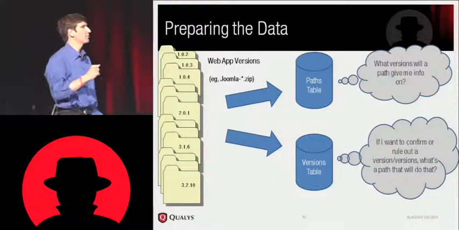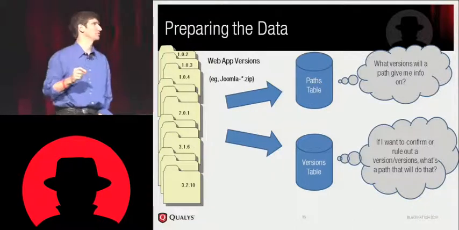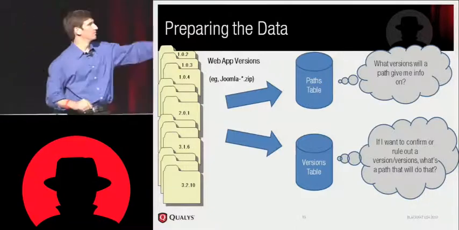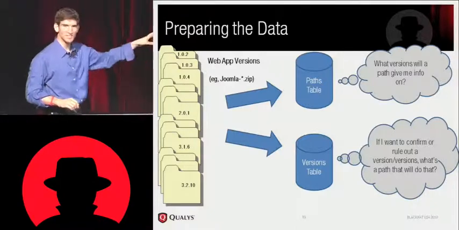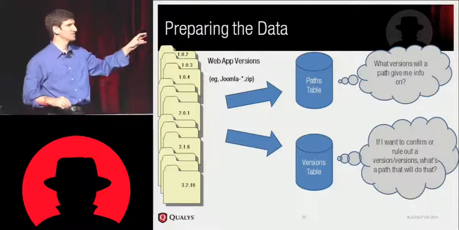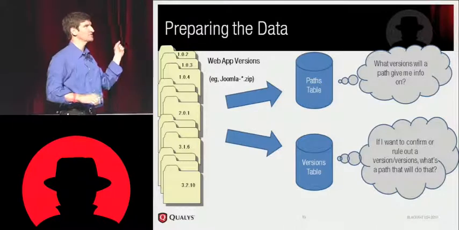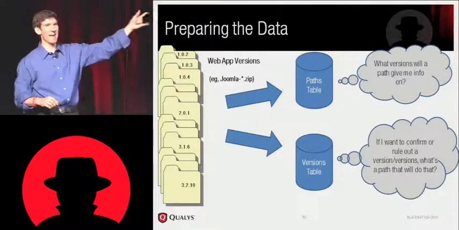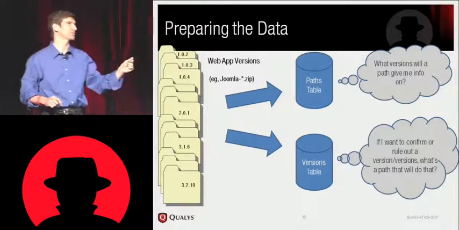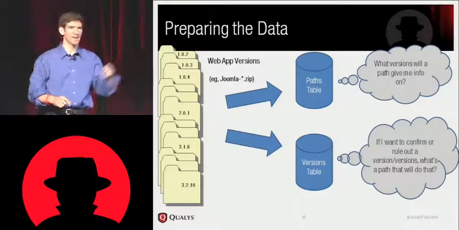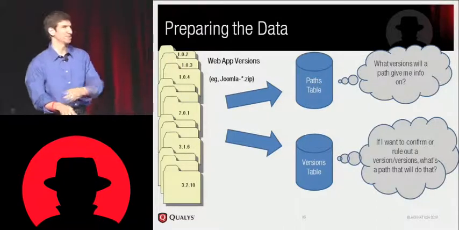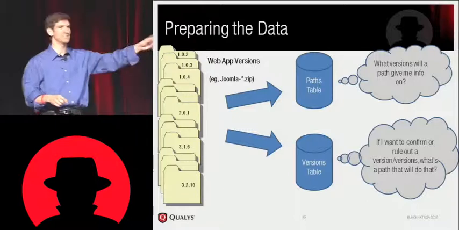And then what we're going to do is build two tables. The data files on the left, lots of data going on there, lots of files, gigs and gigs. We're going to compress that down to these two things that we actually use to make the decisions about fingerprinting, which end up being a little under a meg, depending on what you're dealing with. So these are very easy to transport.